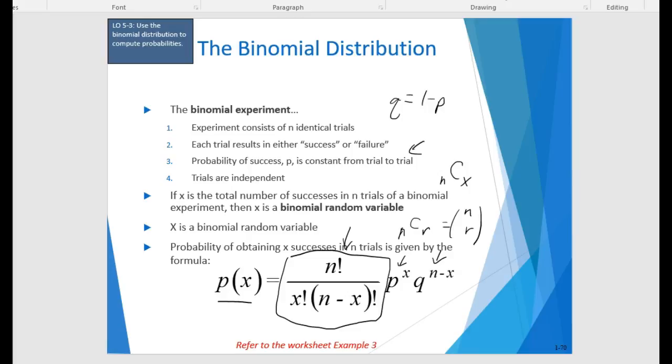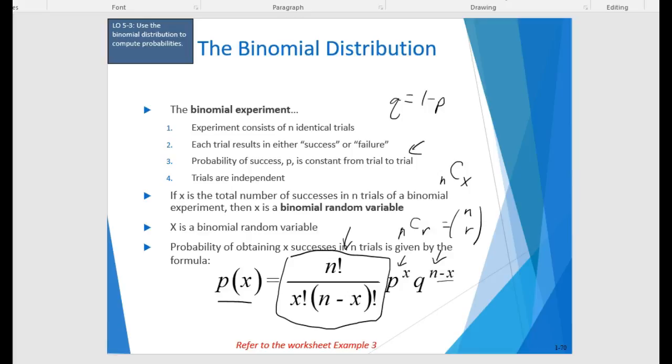So this whole formula shakes out to the probability of the number of successes. We would assume that all these successes are independent. So say you wanted 2 successes, it would be p times p, or p squared, and then the number of failures. Say you have 10 total trials, so you'd have 2 successes and 8 failures. So if there's 10 total trials, n, then you'd have n minus 2. 10 minus 2 is 8, and that would give you your exponent up here.